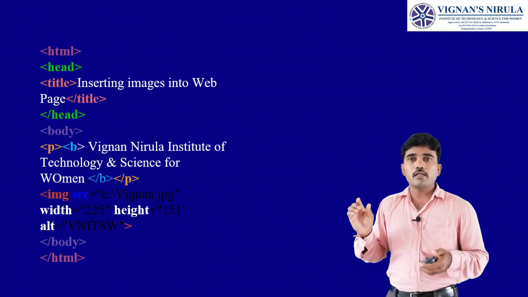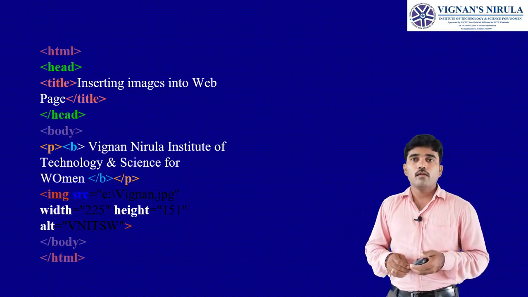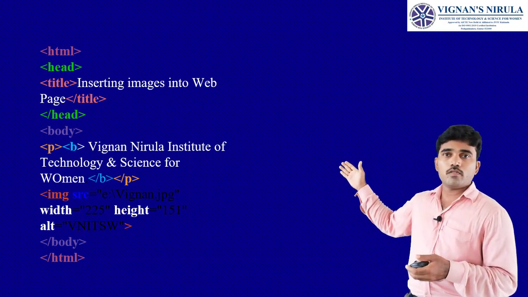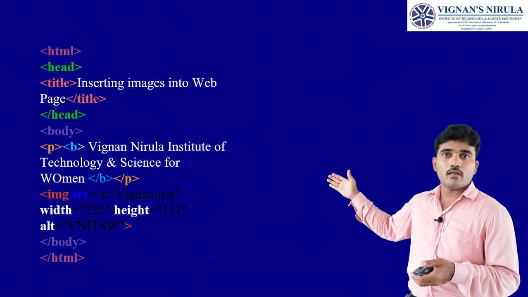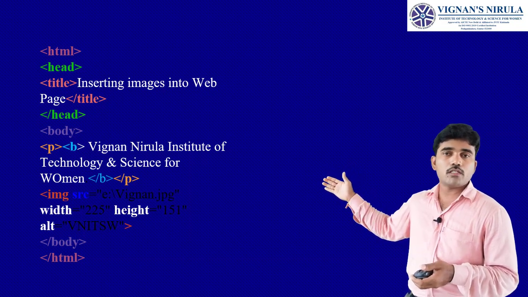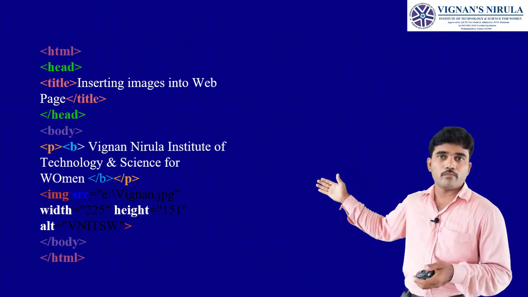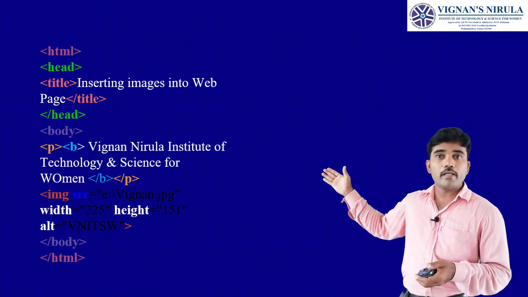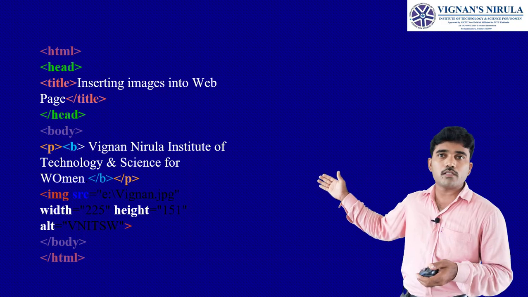That paragraph contains the college title, followed by the IMG tag, which is used to insert an image in your web page. The first and most important attribute for IMG is SRC.